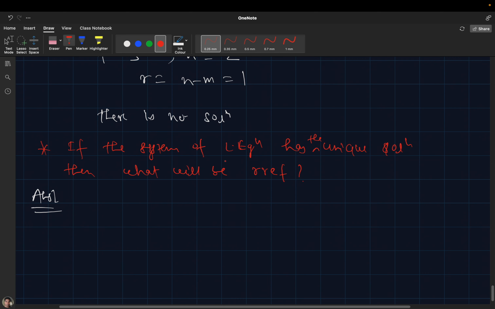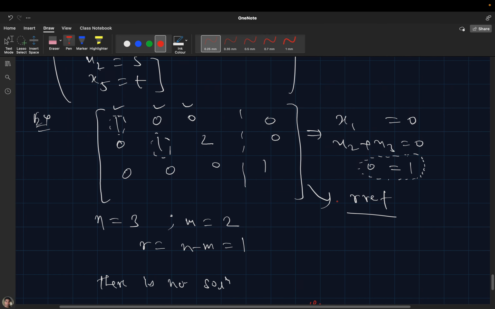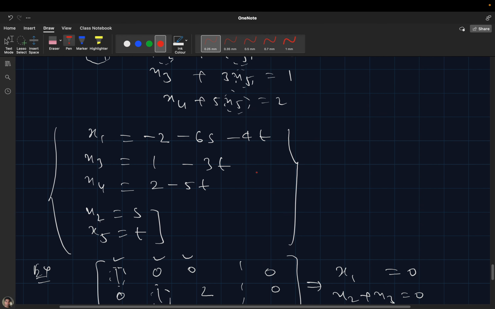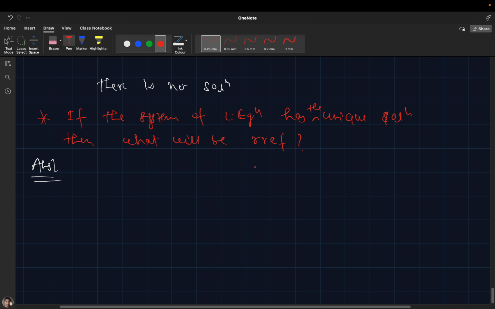I am saying that whatever I discussed here is either no solution or infinitely many solutions. Now I want to ask, suppose the system of linear equations has a unique solution, then what will be the row reduced echelon form? Can someone tell me?